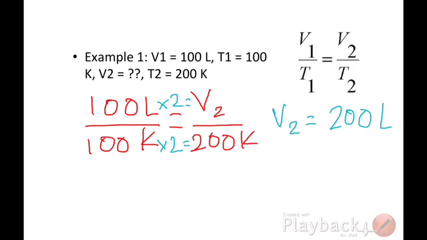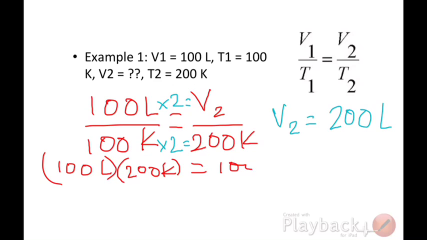But if you don't believe me, we can cross multiply and divide to find our answer. So let's do that real quick. 100 liters times 200 Kelvin equals 100 Kelvin times volume 2, which is the one we don't know. We want volume 2 to be by itself, so we have to divide by what's stuck to it, because the 100 K is stuck to it by multiplication.